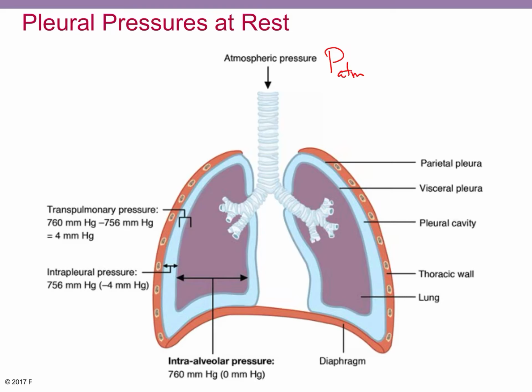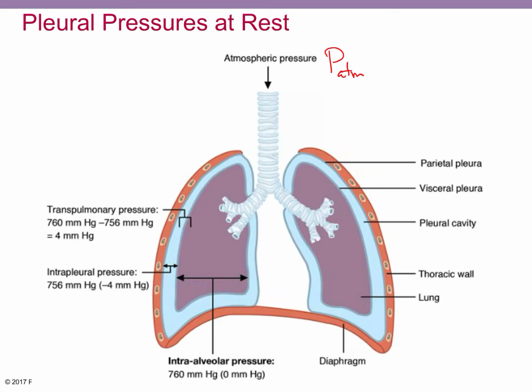Let's take a look at atmospheric pressure, which is P ATM, the atmosphere. It is 760 millimeters of mercury at sea level. It can change. If you go up in the mountains, it decreases. If you are underwater, that pressure is going to increase. It doesn't really matter what the atmospheric pressure is in breathing because it's always going to be relative to what's in your alveoli.